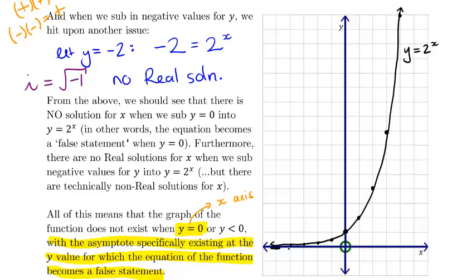Now, I'm just going to draw it like this, sort of semi-under my x-axis over there so that you can see what's going on, and I would then label that with y equals 0 as my asymptote. So check out my asymptote over there, a dotted line that is restricting my graph from letting y equal 0 or y be less than 0.